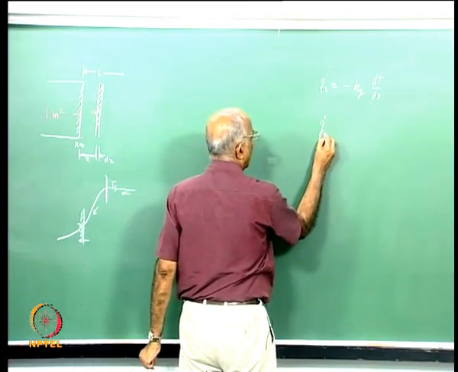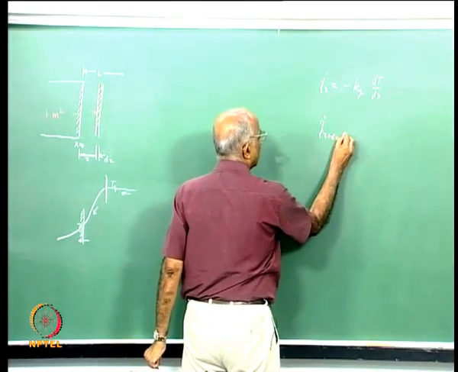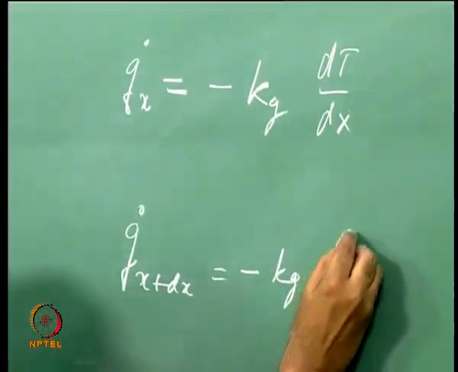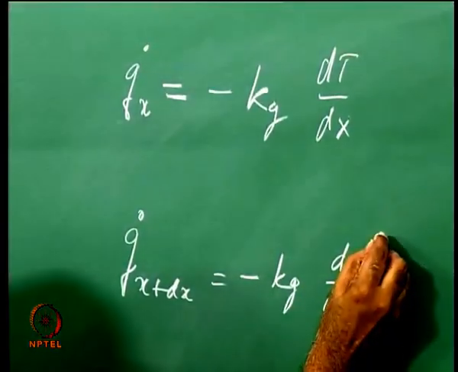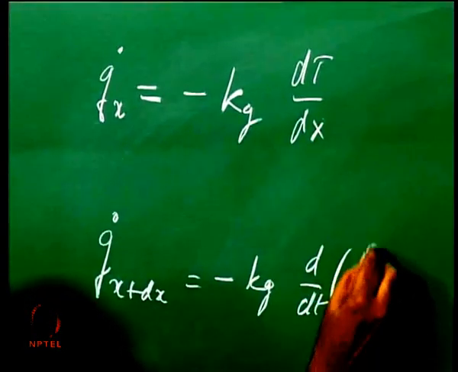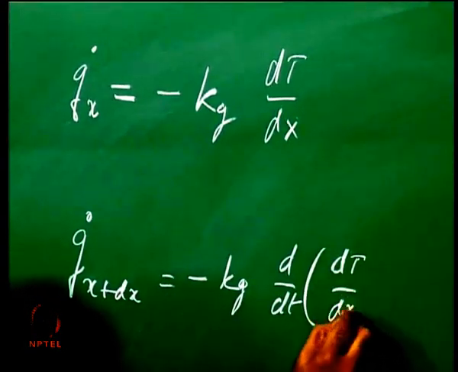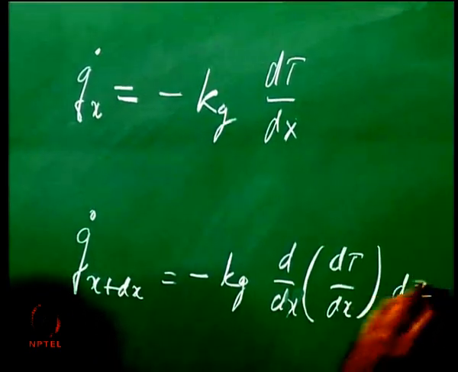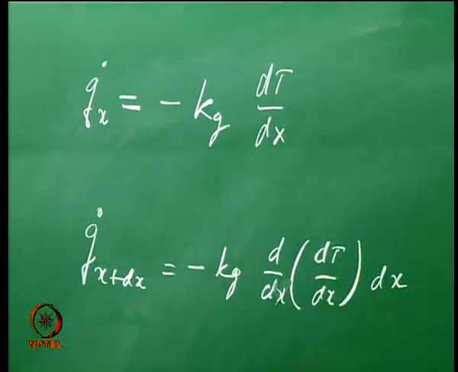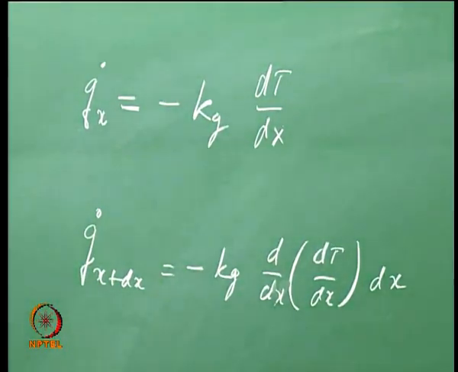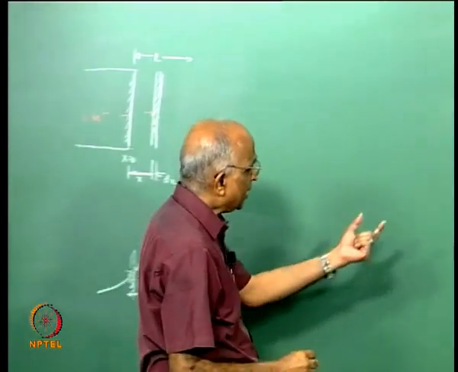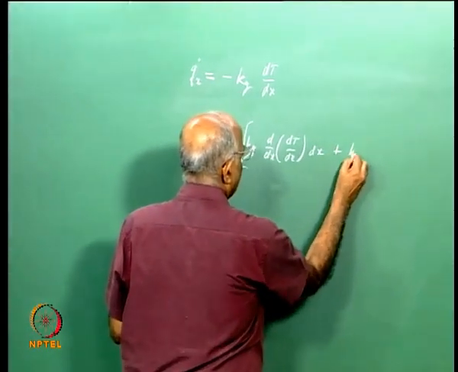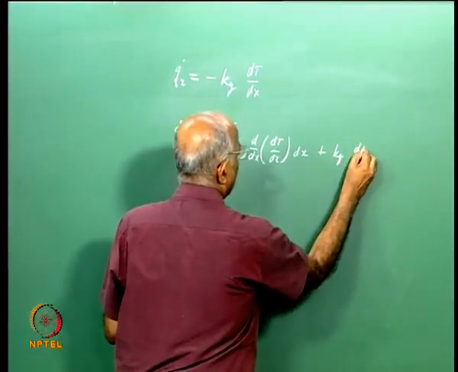Q dot at x plus dx is equal to minus kg into dT by dx, plus the increment, d by dx over the small increment into dx, at x plus dx.